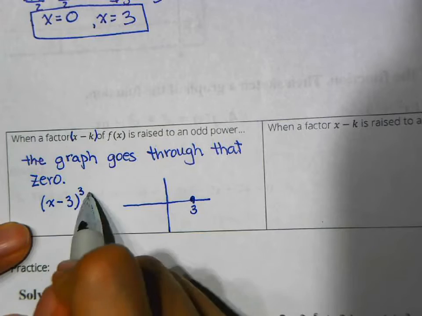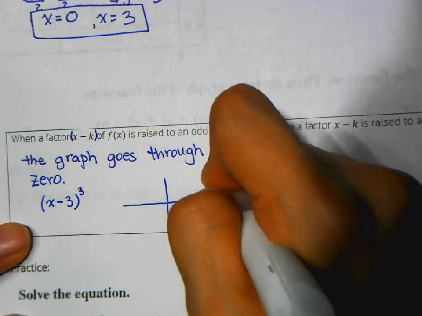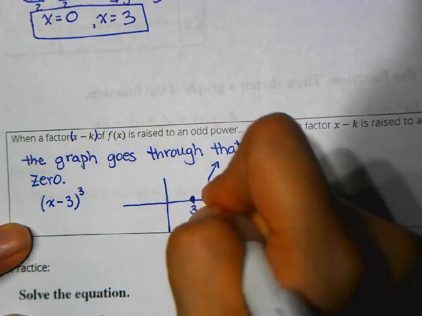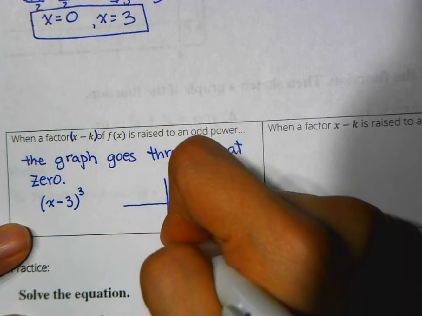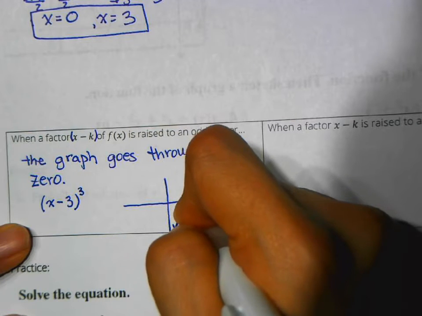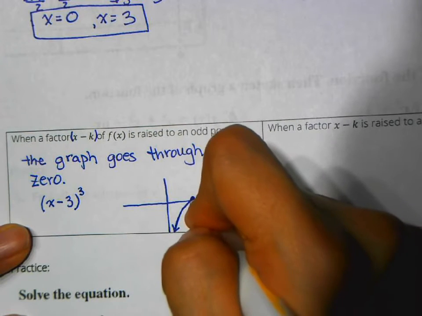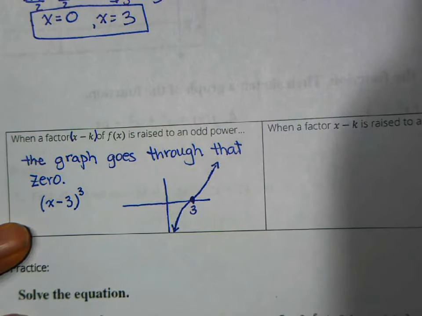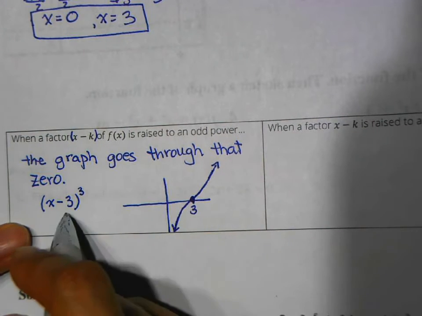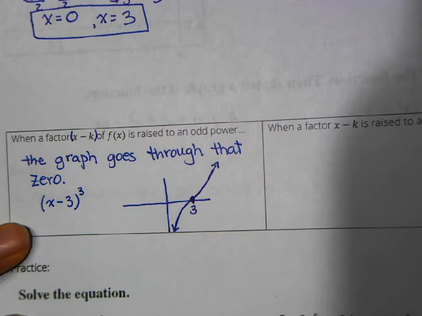Since this is a positive odd, I know that my graph goes up on the right, goes down on the left. I know that this is just going to hit that x equals 3 and then keep on going. The line's going to go straight through that 0 that was created by that factor.